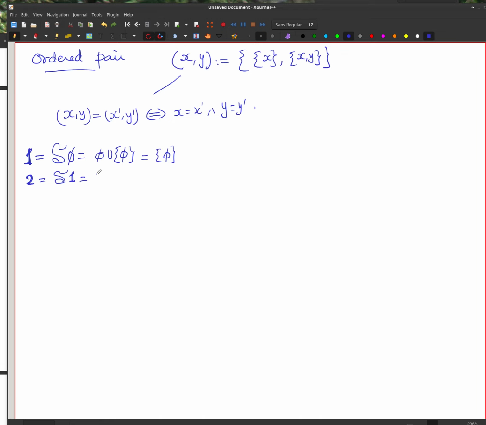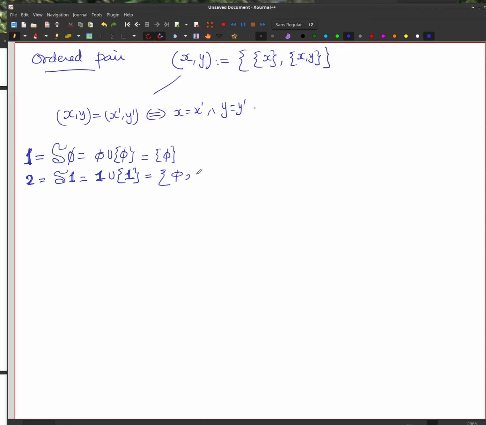So what is that? This is 1 union this. So remember, if we assume the empty set is a small set, then 1 is a small set, then 1 union this is a small set, and so 2 is a small set. So this is actually nothing else but this.